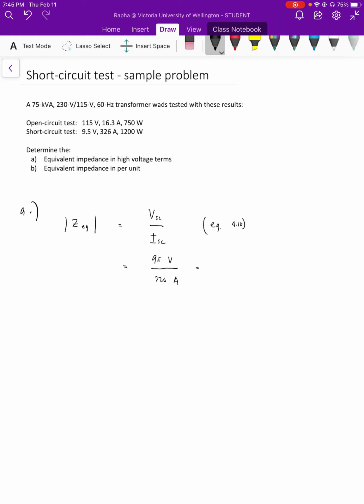So that is equal to 0.029 ohms. So mao na siya atong ZEQ, or equivalent impedance.